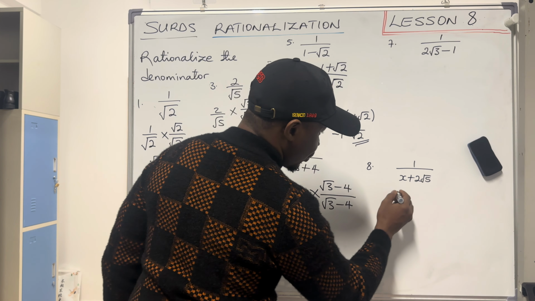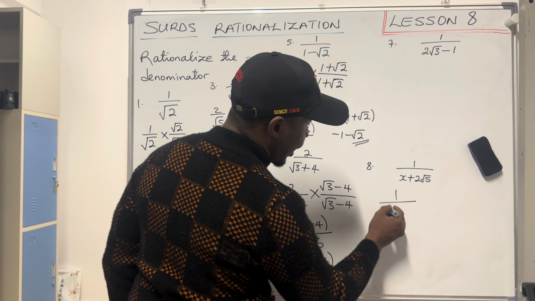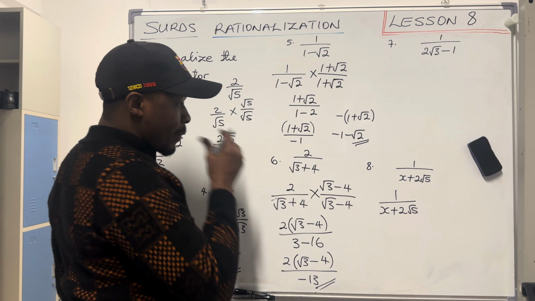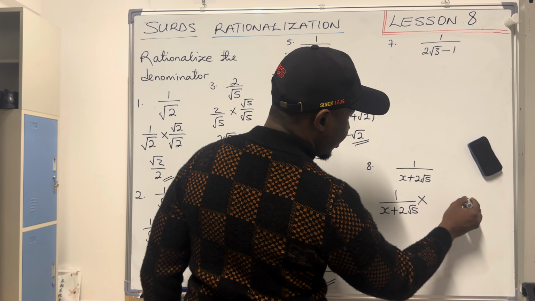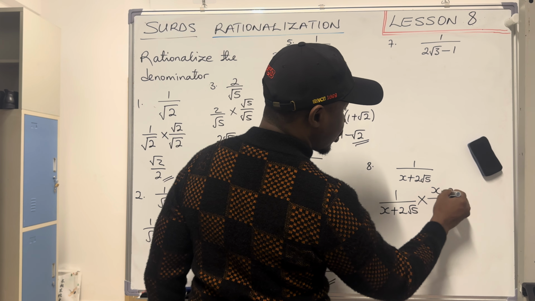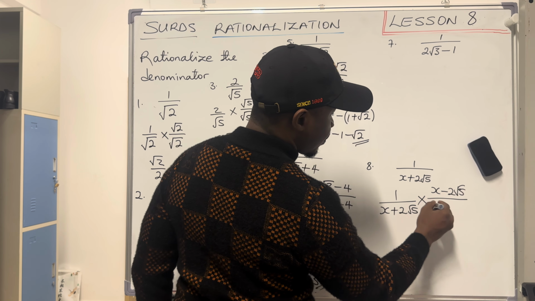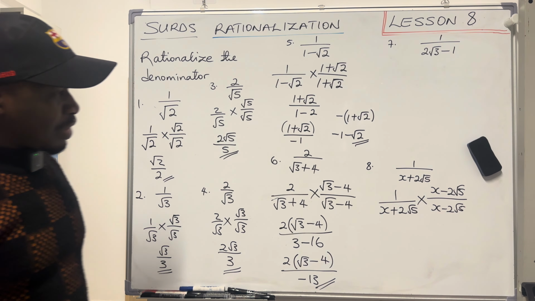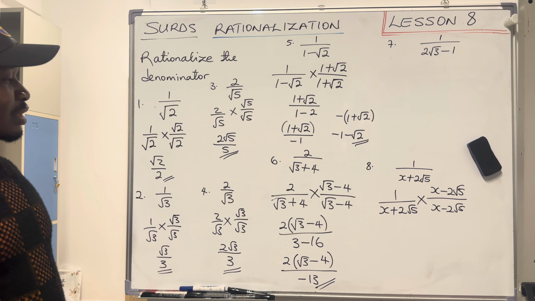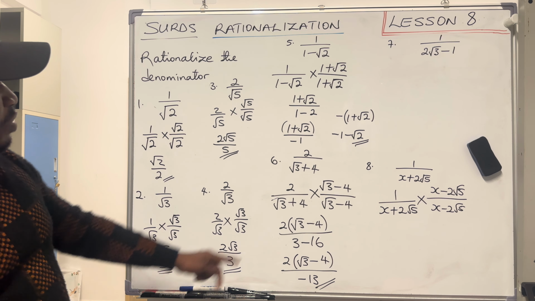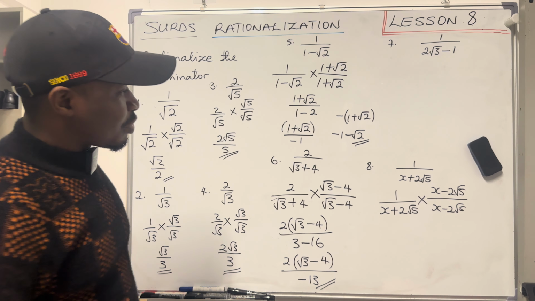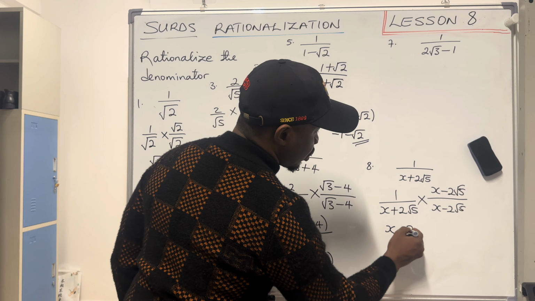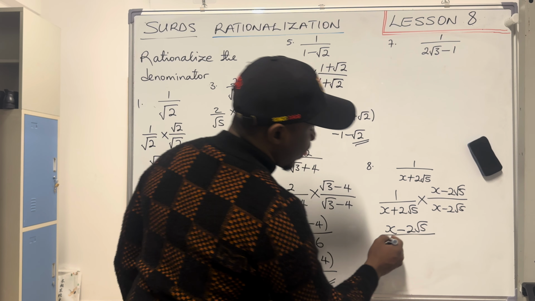Okay, so we say 1 over x plus 2 root 5. Now we say multiply by x minus 2 root 5, x minus 2 root 5. You can see it, eh? All right. So 1 times this is just this, x minus 2 root 5.